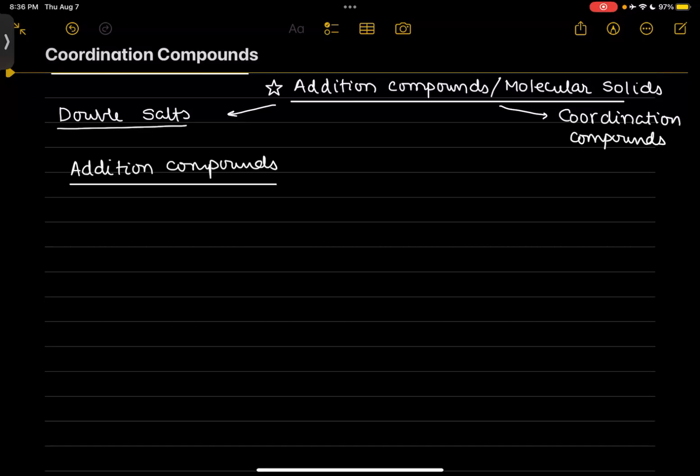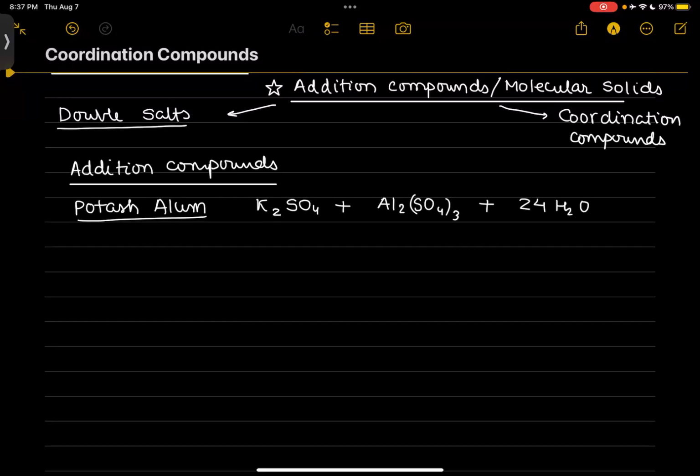Any example? We use potash alum. Got it. So potash alum, you might have seen it. It is used in our home also. It is formed when potassium sulfate and aluminium sulfate are mixed together.